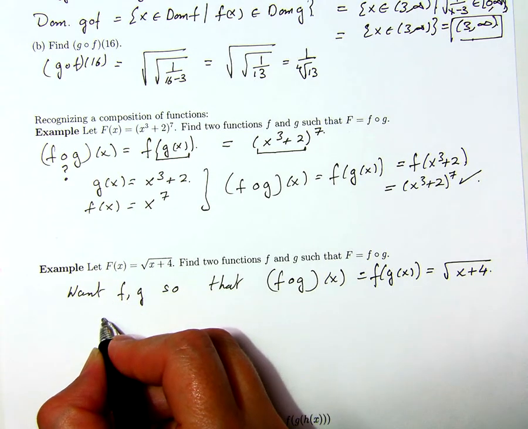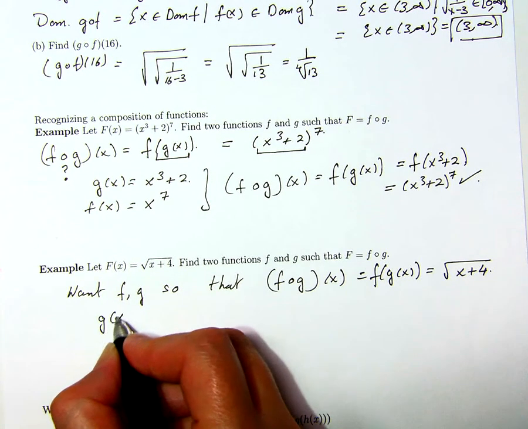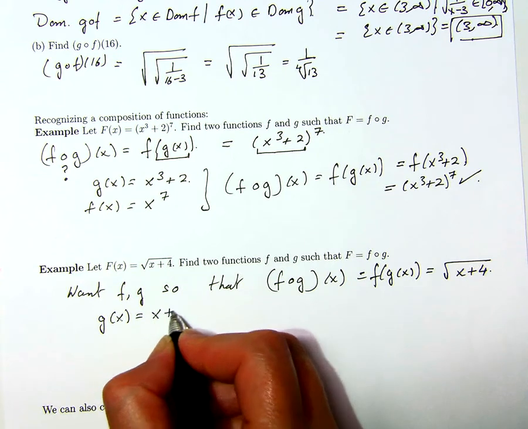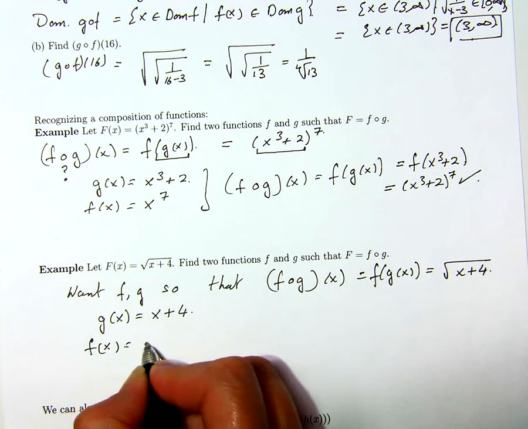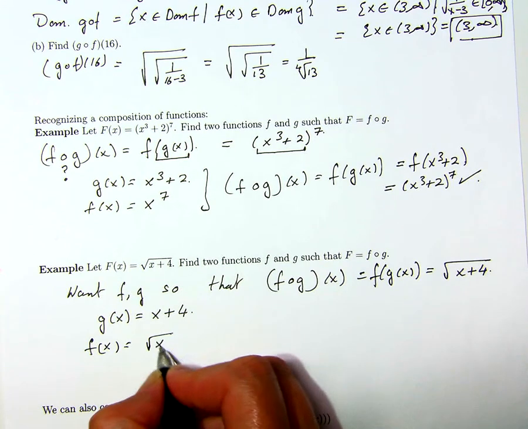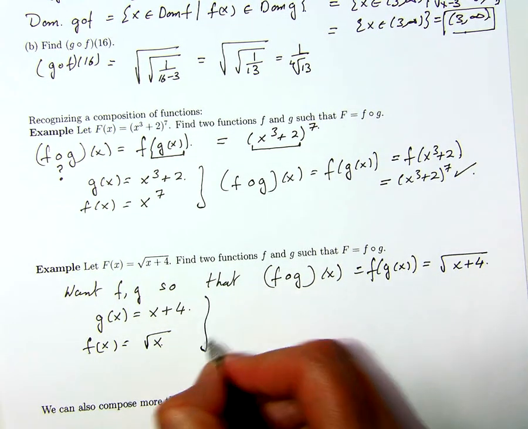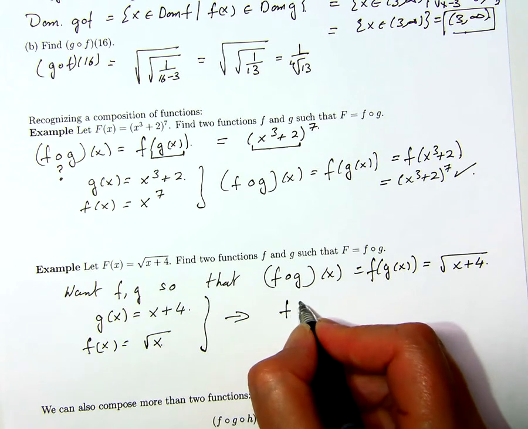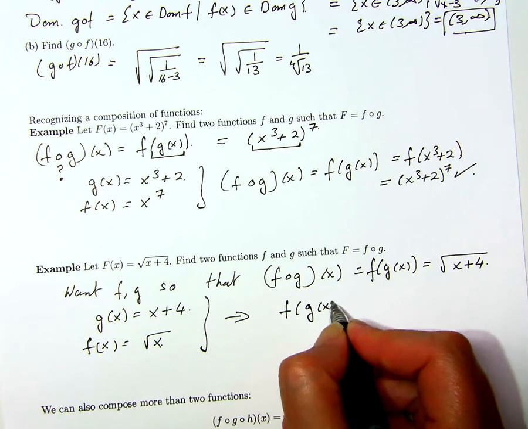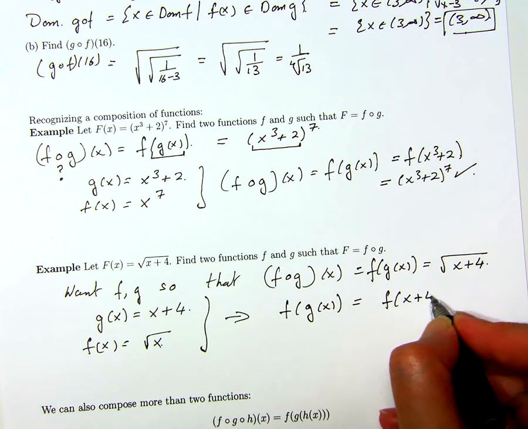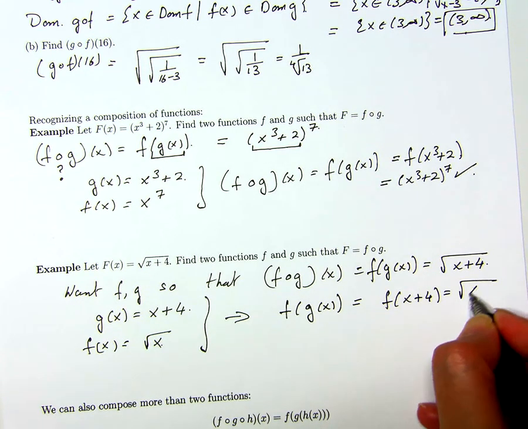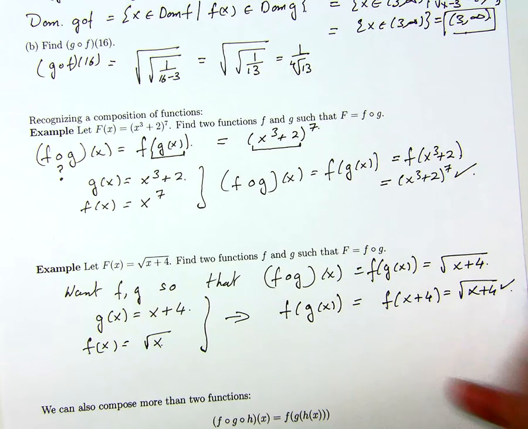So a good guess would be g of x equals x plus 4, and f of x equals the square root of x. What happens when I calculate f of g of x here? I get f of x plus 4, which is the square root of x plus 4, and that is true.